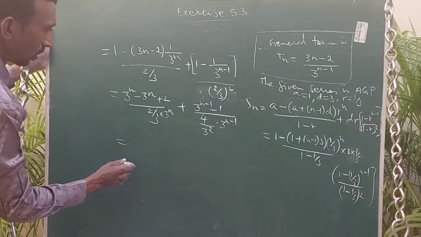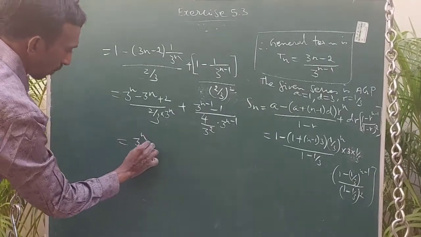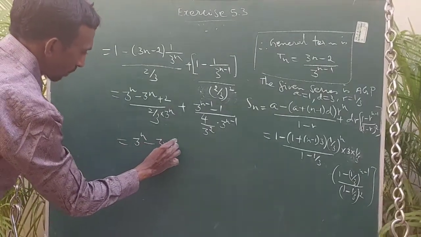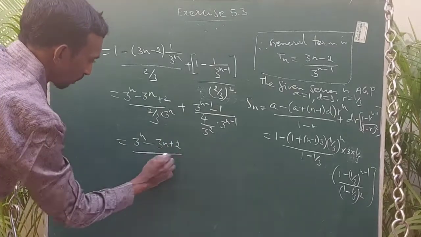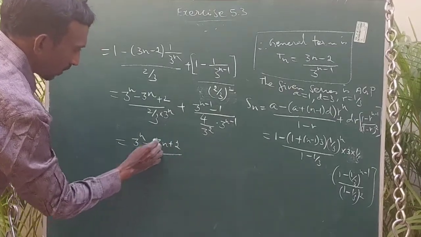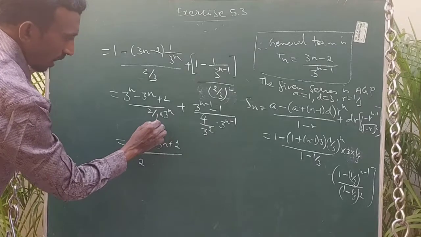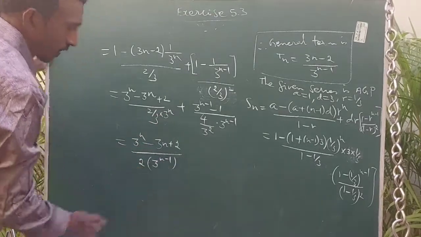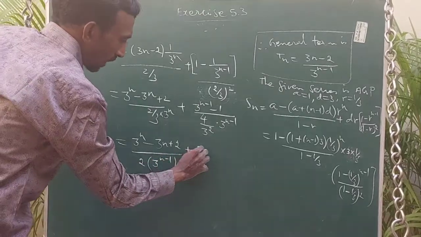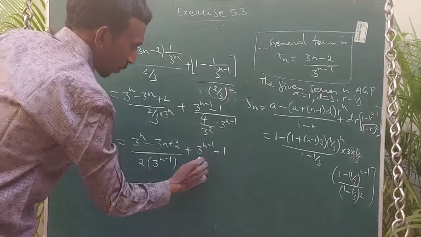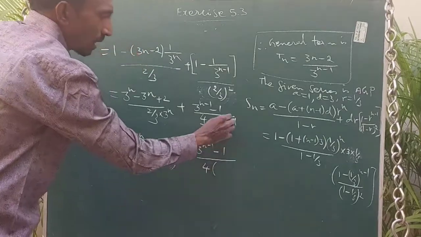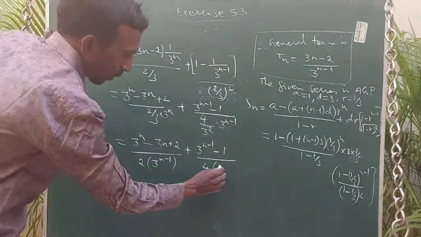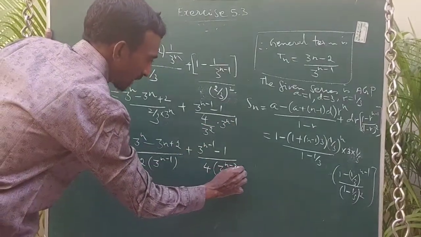So 3 power n minus 3n plus 2 divided by 2 into 3 power n by 3, that is 3 power n minus 1, plus 3 power n minus 1 minus 1 by 4 into 3 power n minus 1 by 3 square, 3 power n minus 3.